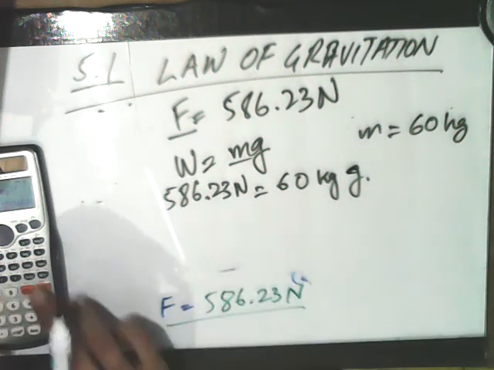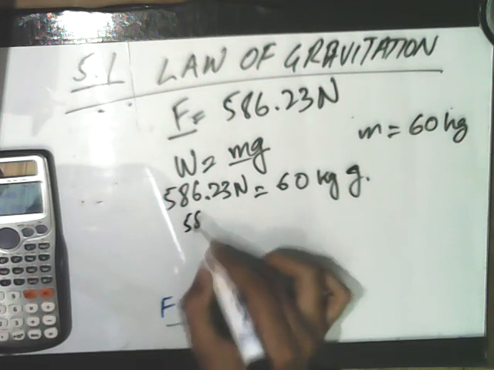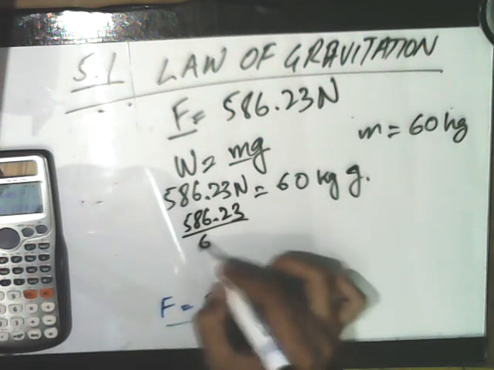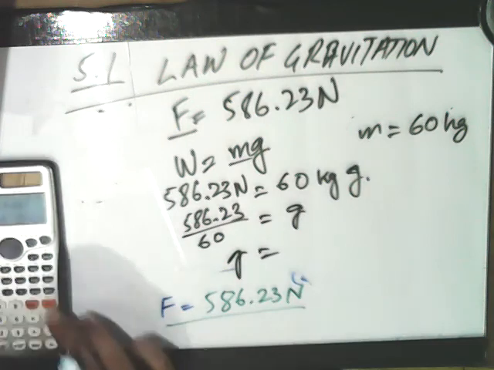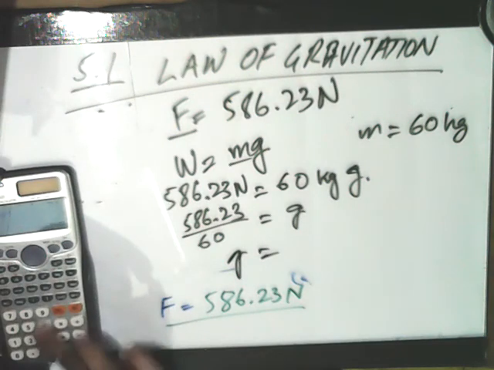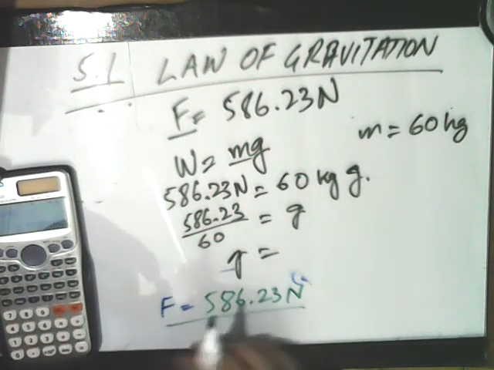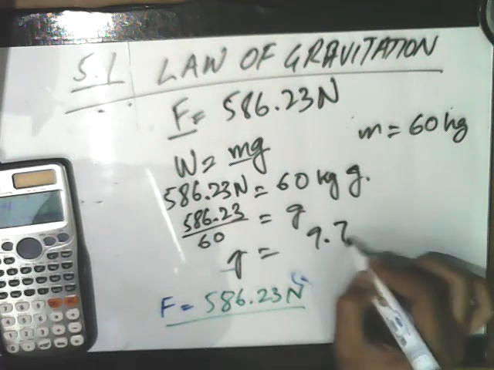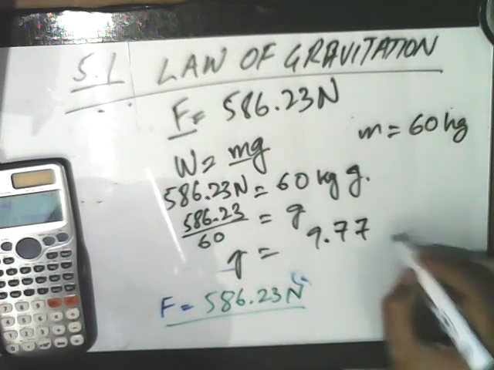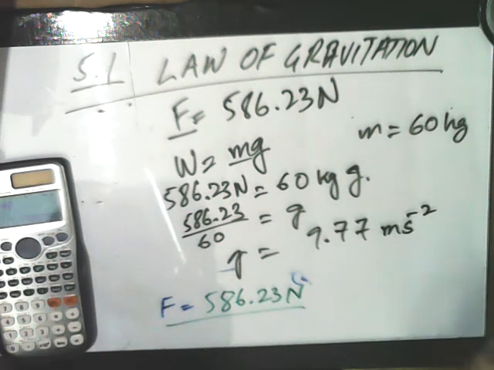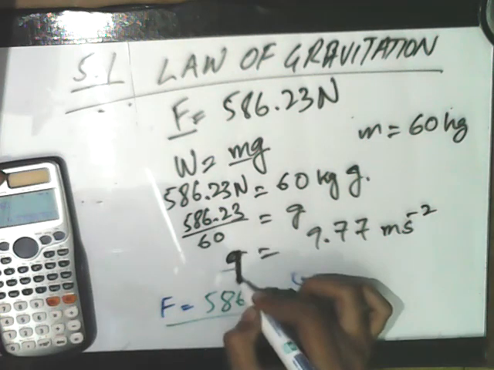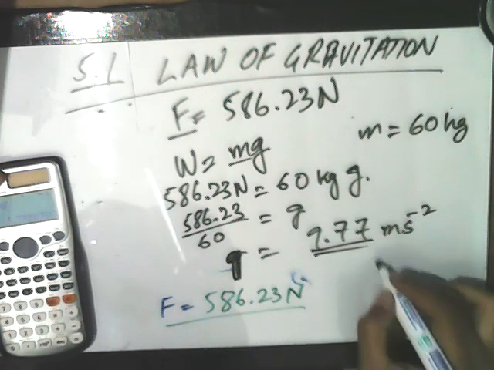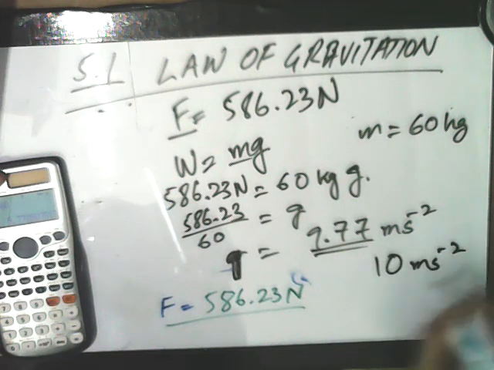Now simply let's take 586.23 divided by 60 is equal to g, and we're going to get the value of g out of this, right? So it turns out to be 9.77 meter per second square, right? This is the gravitational acceleration, and this is precisely what we call 10 meter per second square, right?